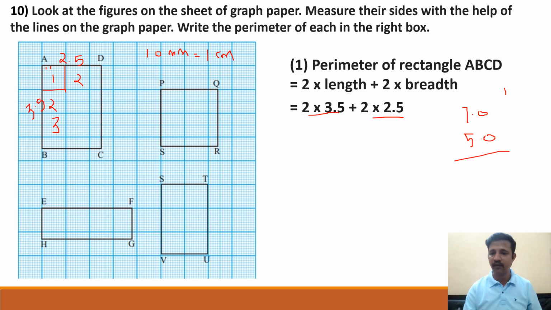Okay, 7 plus 5 is 12. 12.0 म्हणजेच 12. So our answer is perimeter of rectangle ABCD is 12 centimeter.